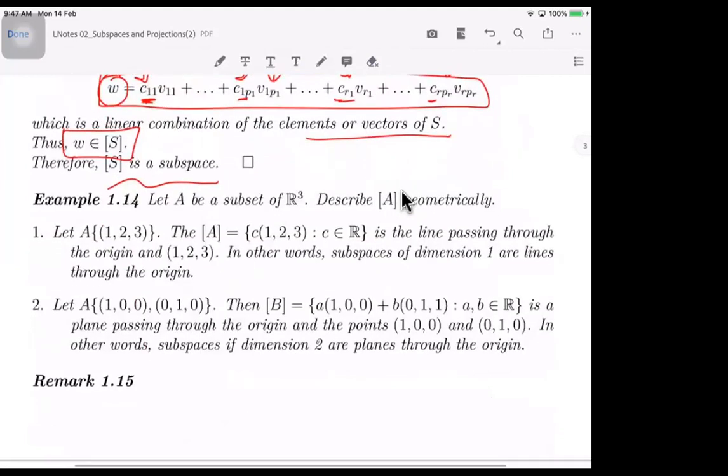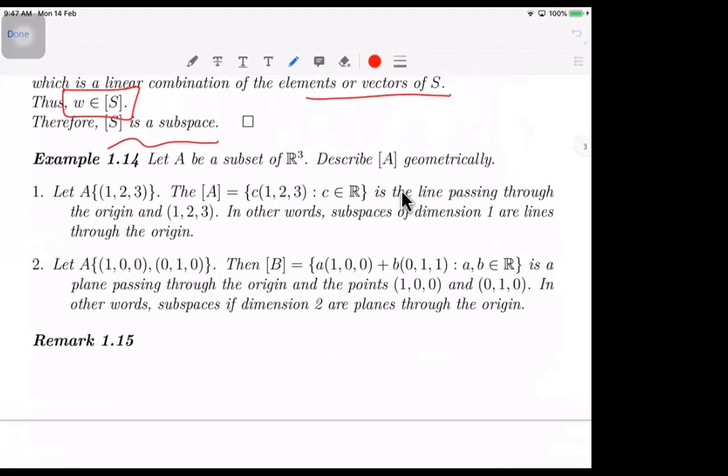Okay. Let's have some examples so that you can picture what is meant by span. So, let A be a subset in R3. So, three-dimensional only, no? Three-dimensional. Say, vector X, Y, and Z. So how do you describe the span of A geometrically?